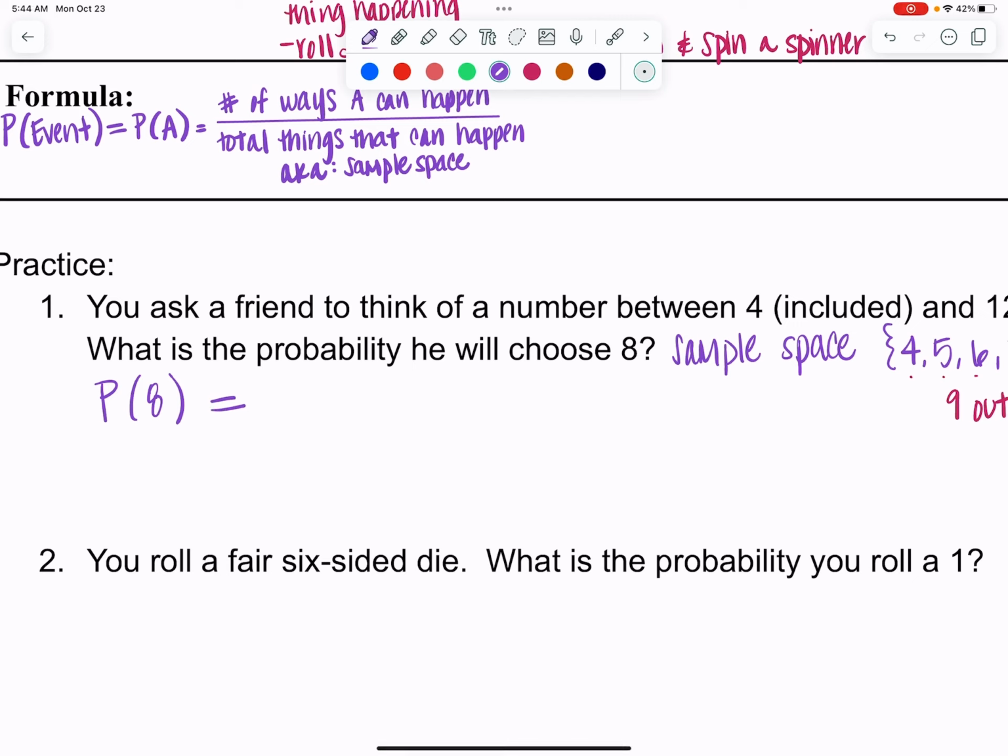Well, I can only choose 1, 8 divided by the total things that could happen, or our sample space. Well, my sample space had 9 outcomes in it. So the probability of guessing an 8 would be 1 out of 9. For probability, you can leave that as a fraction or you can convert it to a decimal. I am going to leave it as that fraction.